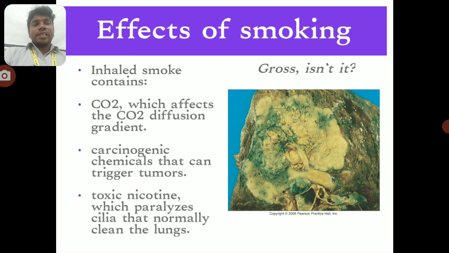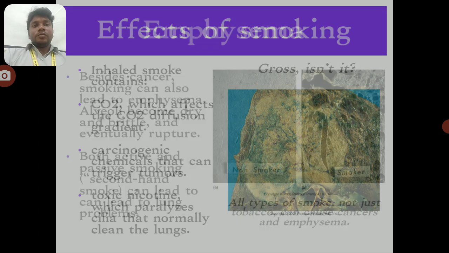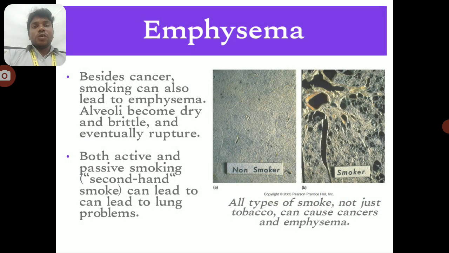Inhaled smoke contains CO2, which affects the CO2 diffusion gradient, carcinogenic chemicals that can trigger tumors, and toxic nicotine which paralyzes cilia that normally clean the lungs. Besides cancer, smoking can also lead to emphysema.